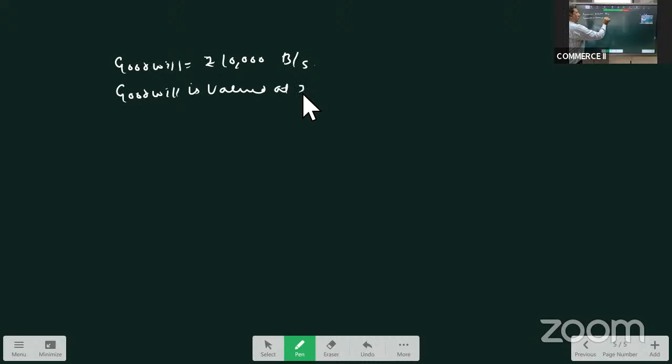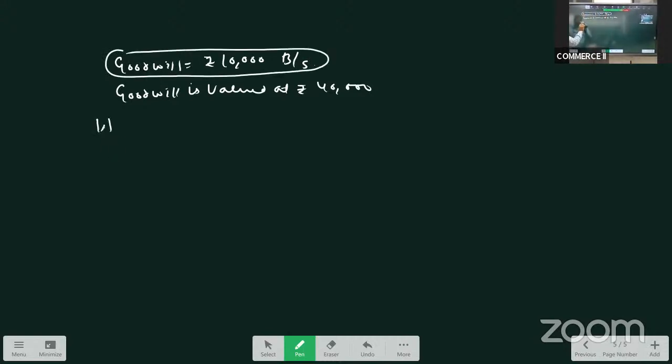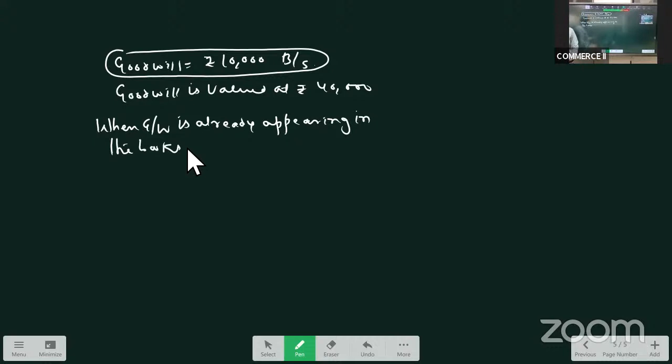Goodwill is given in the balance sheet as 10,000. Now goodwill is valued at rupees 40,000. Okay. Now when goodwill is already appearing in the books, it means already 10,000 is credited to old partners.